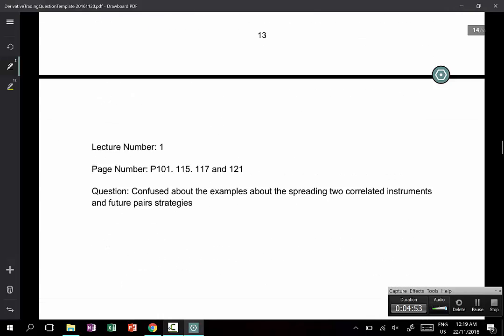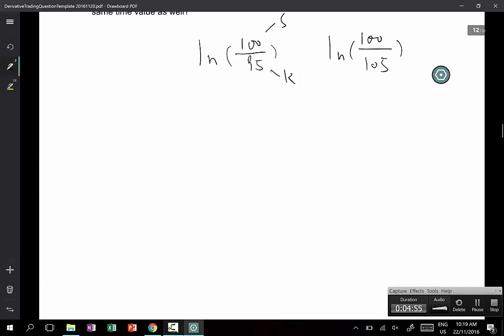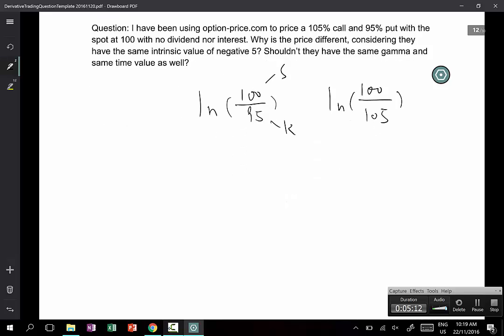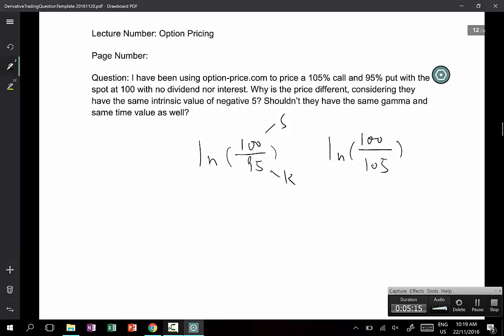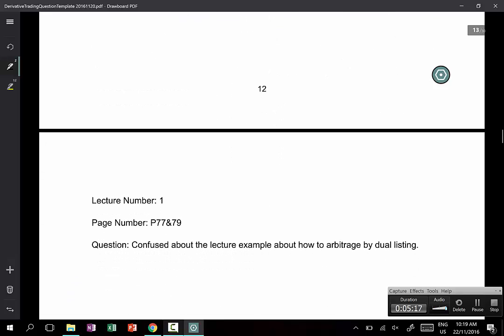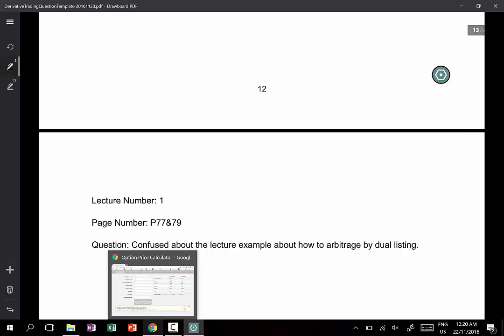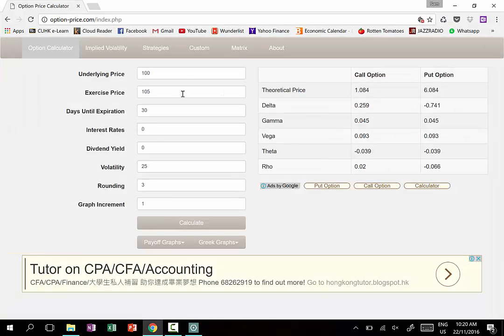Okay, now this is a question similar to question 12 that I answered in the previous session. So if you want to know, you might want to just refer to that. They're not exactly symmetric. They are, however, identical when they're both at the money, as you pointed out.